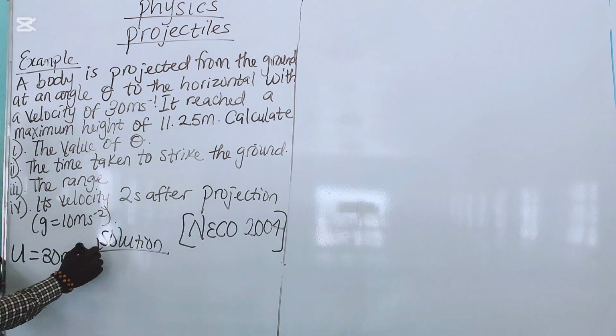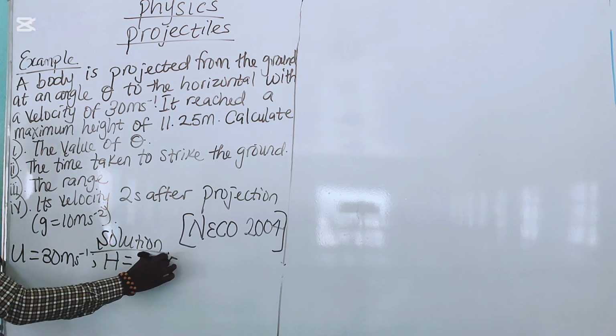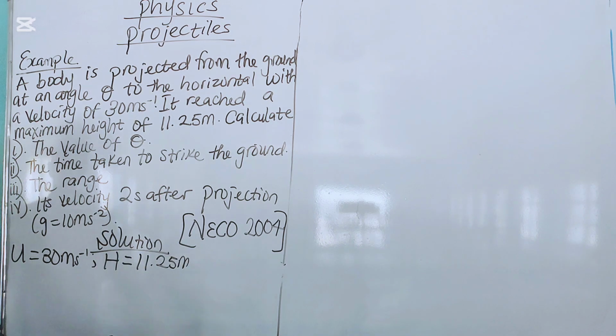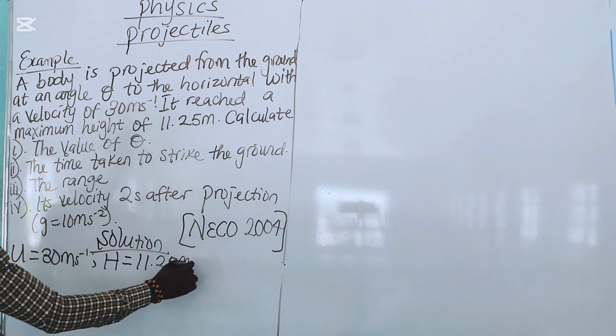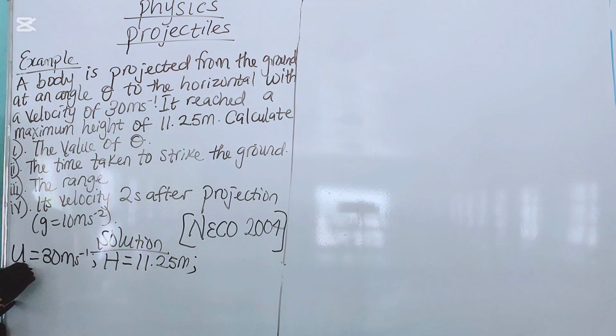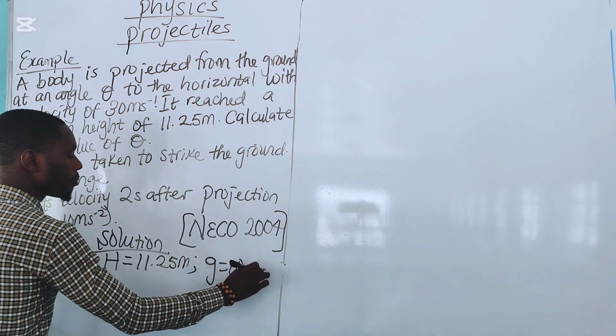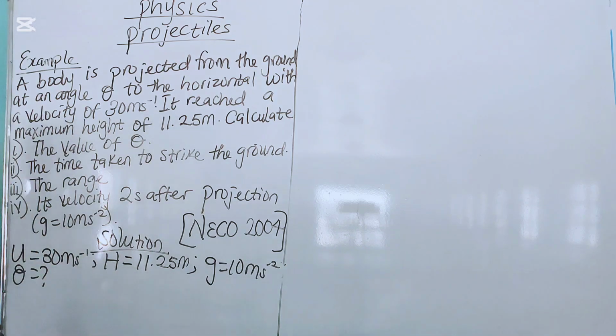So the maximum height h is equal to 11.25 meters. We are asked to calculate the value of theta first. And we are given g, the acceleration due to gravity, to be 10 meters per second squared. So that gives us the parameters.